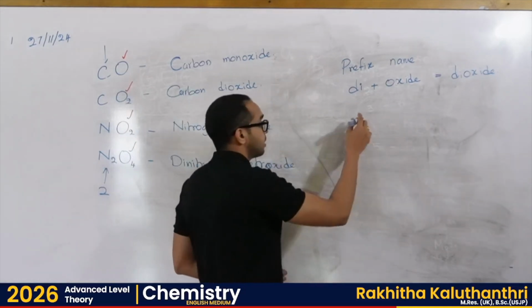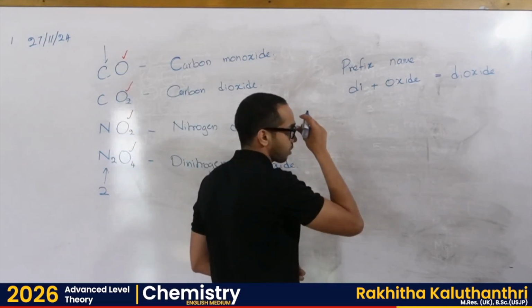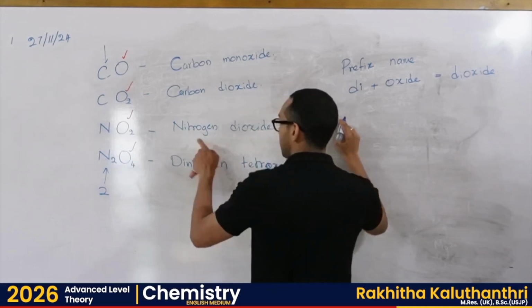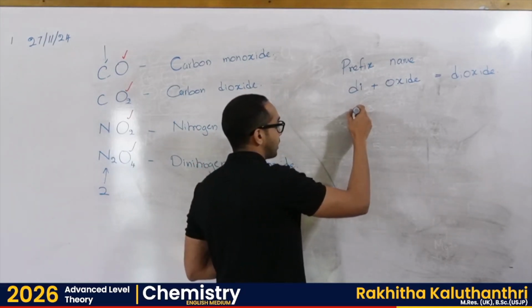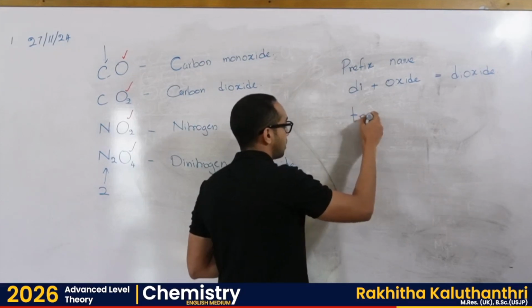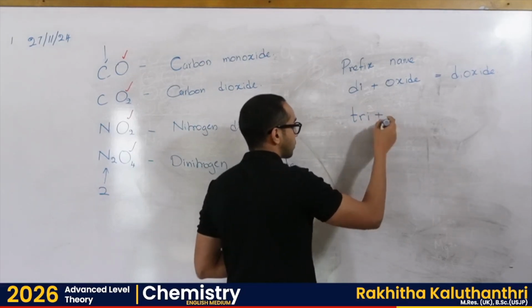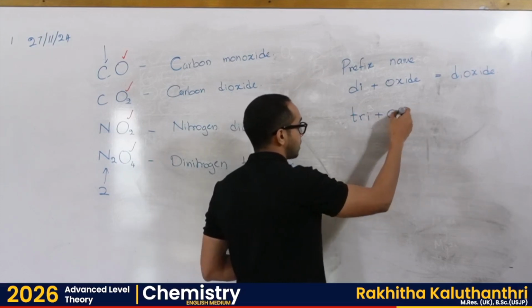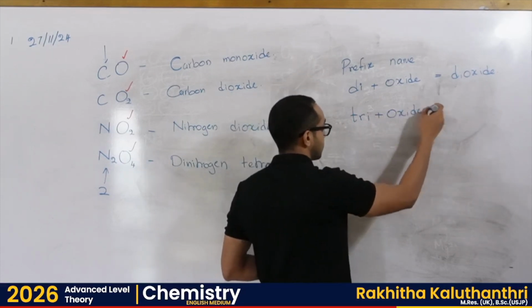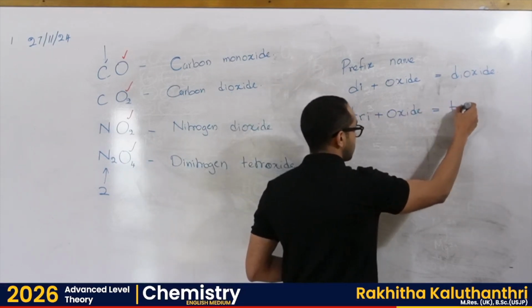Apart from that, we would have come across trioxide as well. TRI, like for example sulfur trioxide, SO3, TRI plus oxide, right? It is written as trioxide.